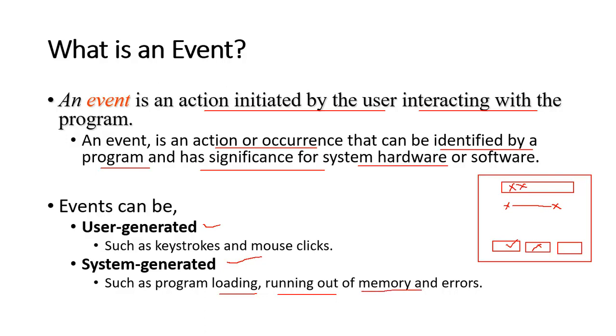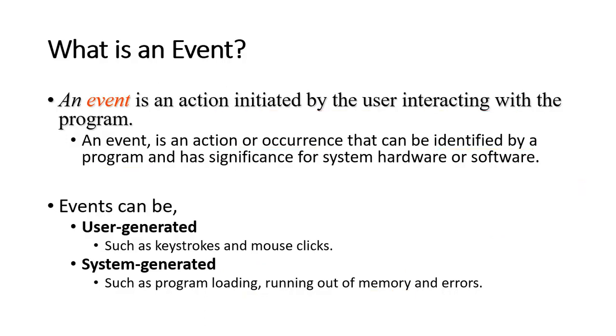All of them are events. So, in general, when we talk about GUI programming, event is nothing but an action. So when you interact with any component of the GUI, you in turn generate an event.